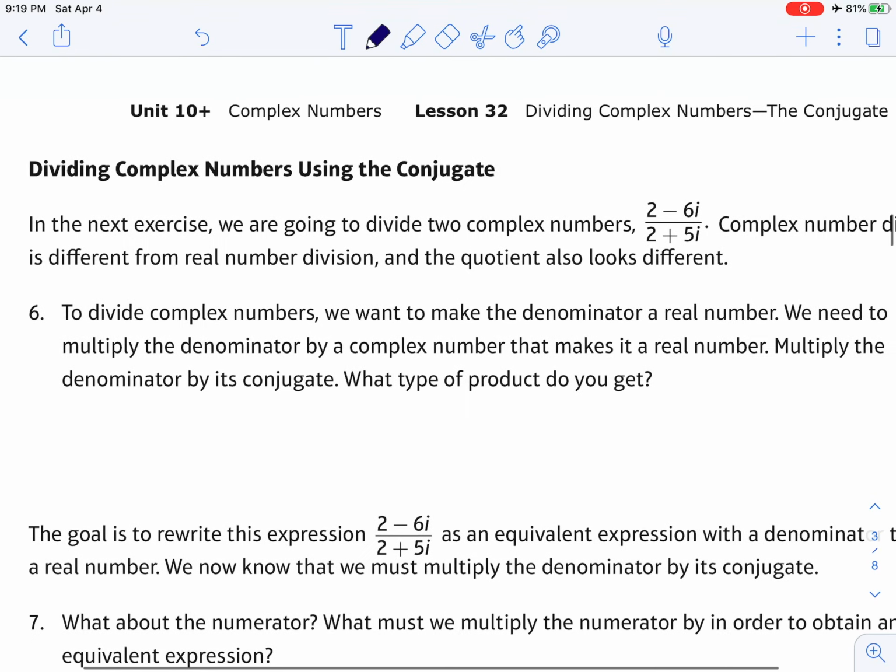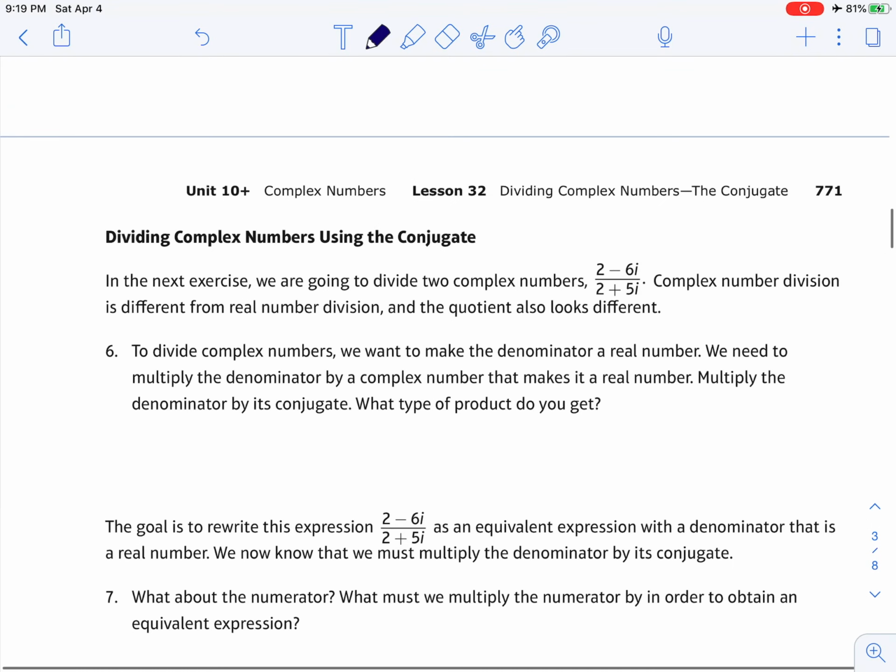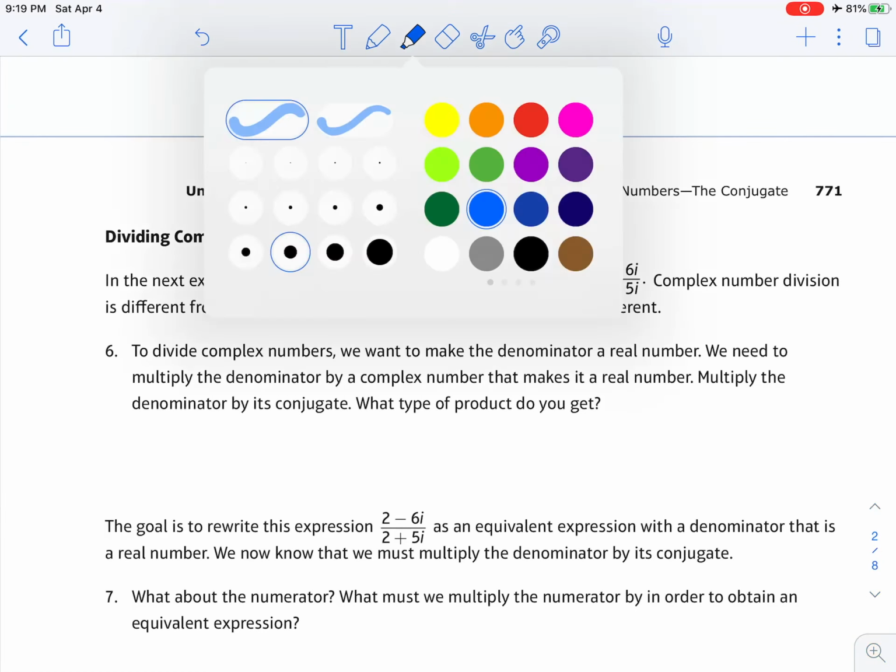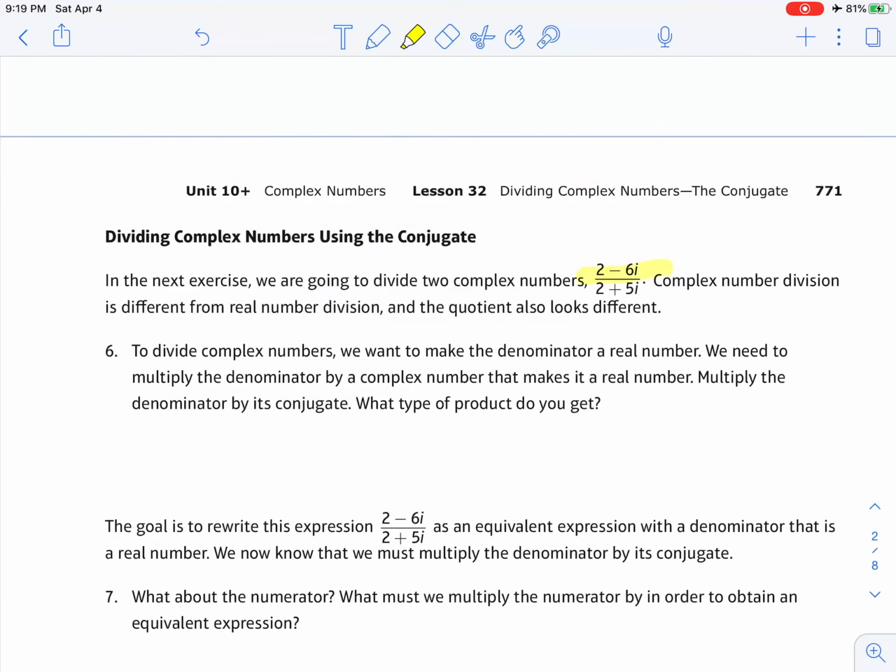Okay, so here we go. Division. You have to be able to do the conjugate to be able to do this. So we're going to be working with this problem right here, and it's different than any of the stuff that you've done so far. So it says on number 6, to divide complex numbers, we want to make the denominator a real number.